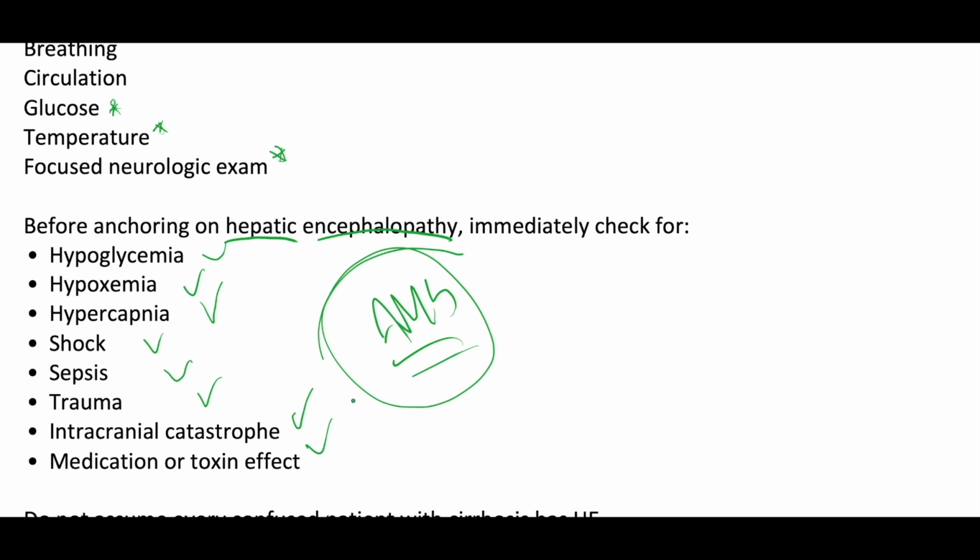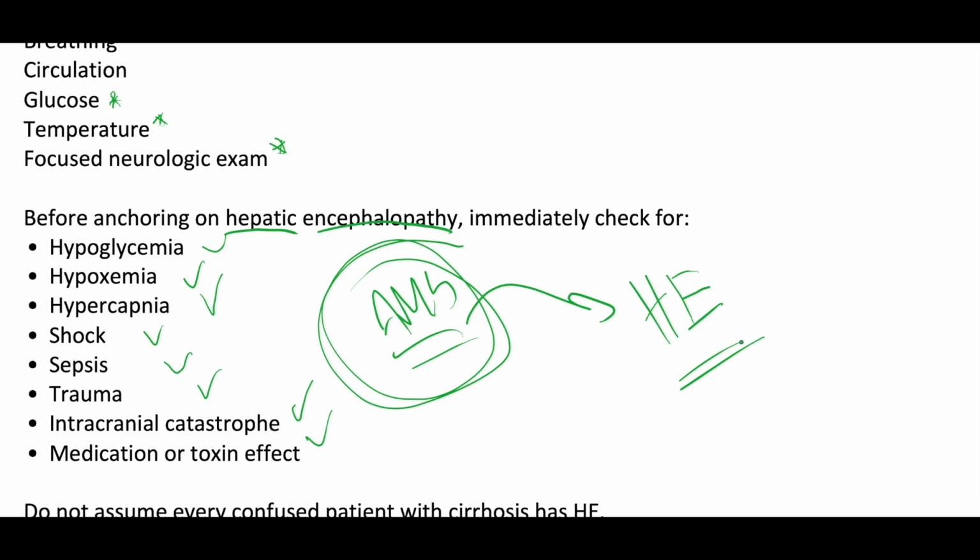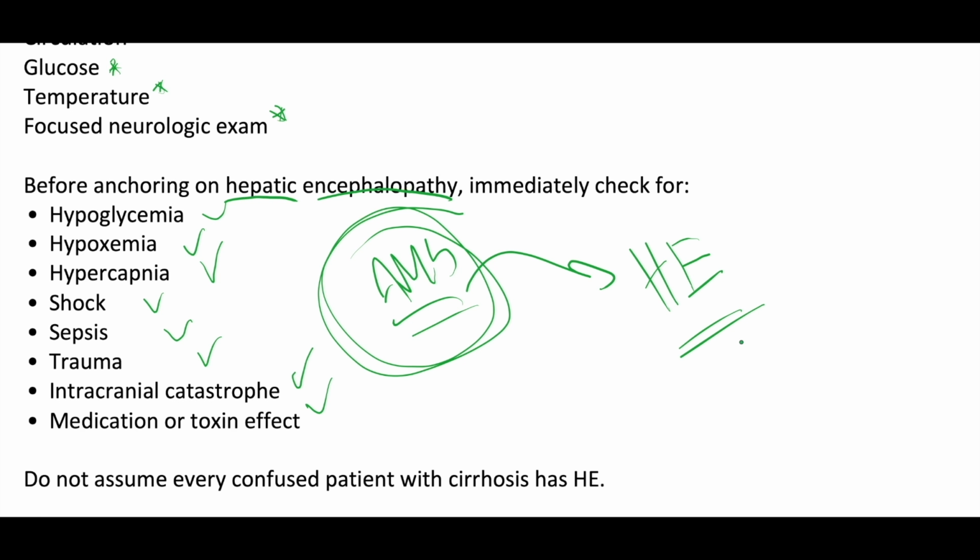So think about those causes of altered mental status, and then after that, you can think more about hepatic encephalopathy, but don't assume every confused patient with cirrhosis, quote unquote, just has hepatic encephalopathy, right? Think about that differential for altered mental status in general, using whatever mnemonic or trick you use in your brain to remember those things.